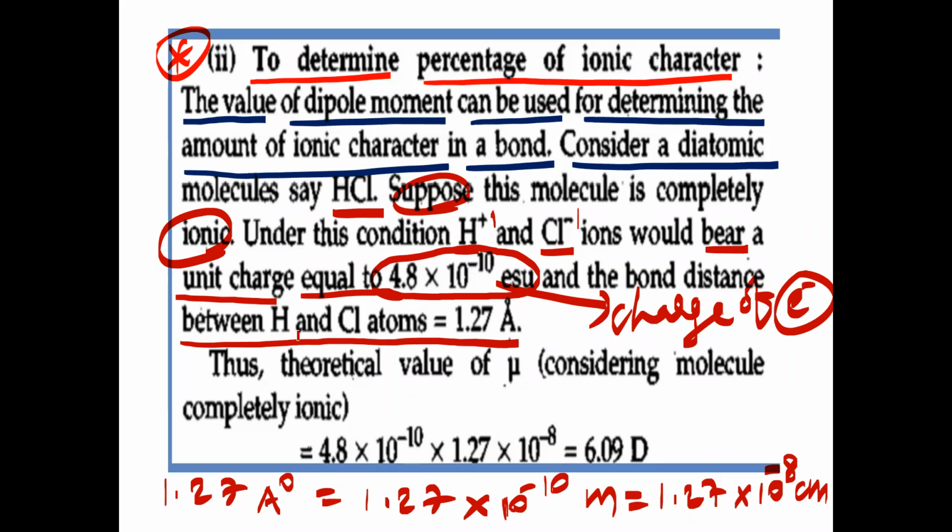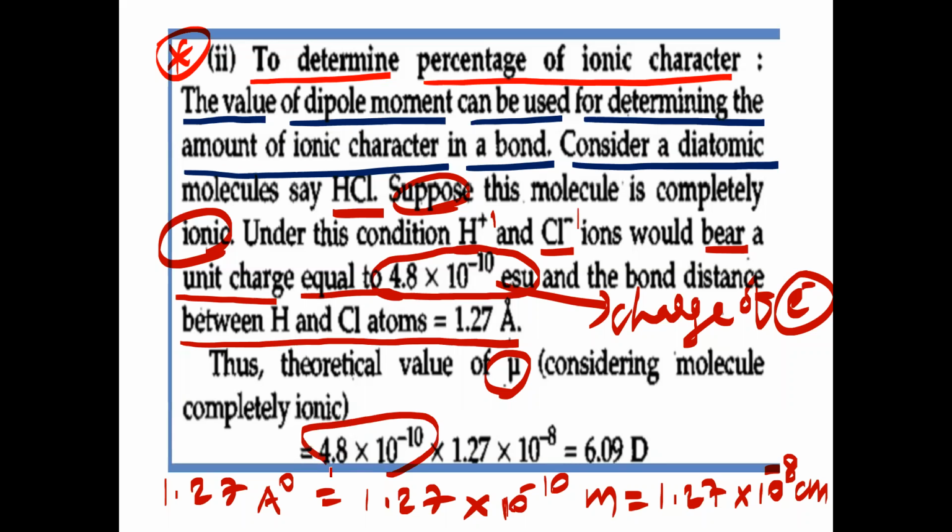Now, the bond distance between the two atoms of H and Cl is 1.27 angstroms. Then the charge on H plus and the charge on Cl minus are both 4.8 into 10 power minus 10 ESU. Thus, the theoretical value of dipole moment, mu, considering the molecule completely ionic, is equal to charge into distance.